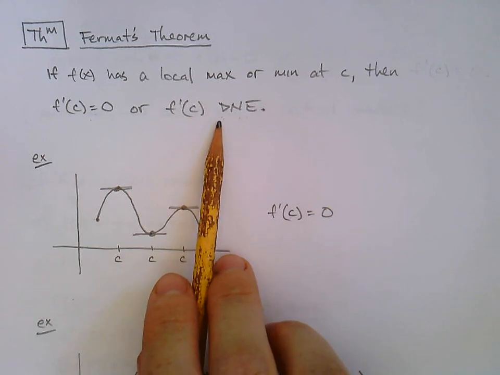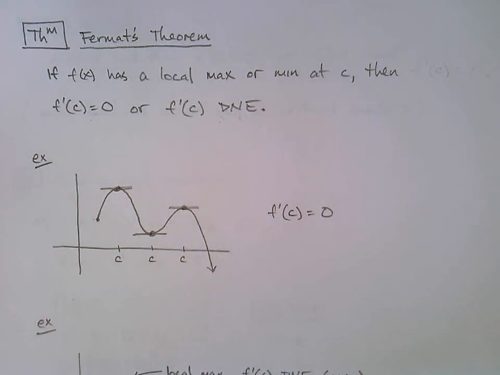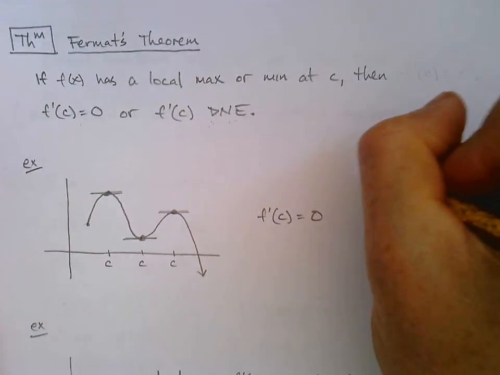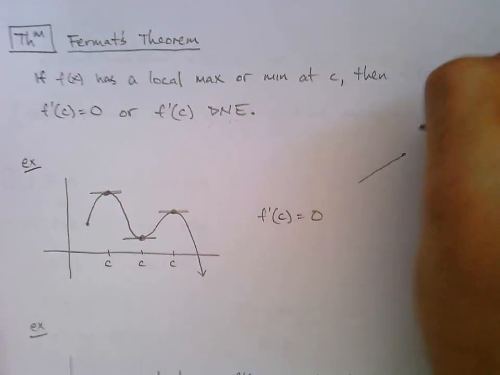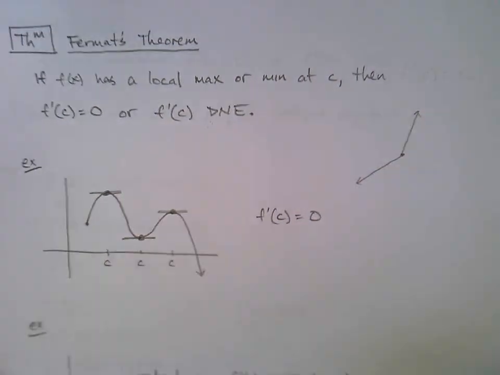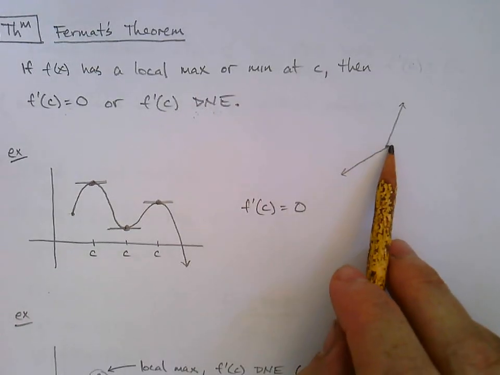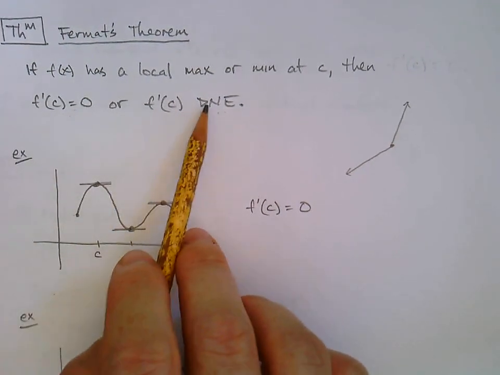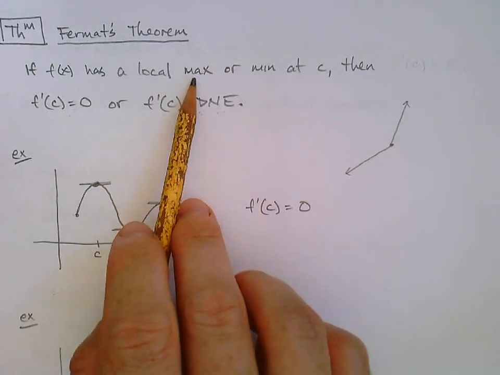Same could be true of a cusp, right? I didn't draw a picture of one, but just like a quick sketch, you could have a cusp and it not be a max or a min. So the derivative does not exist there, but that's not a max or a min for sure. So these things can happen without producing these.